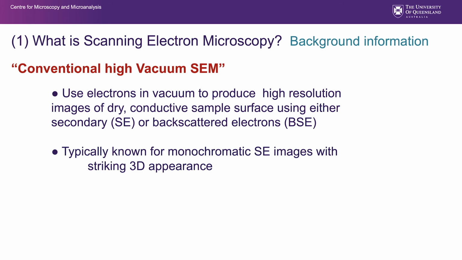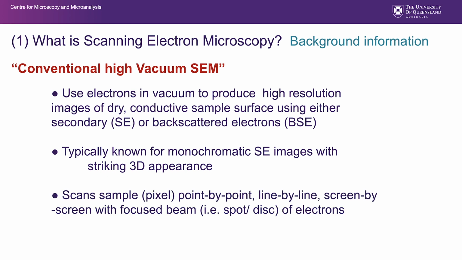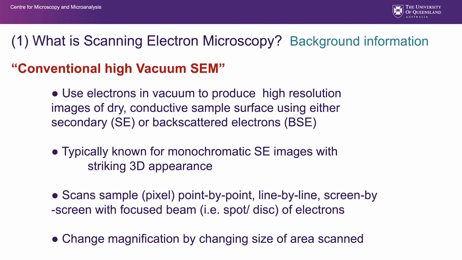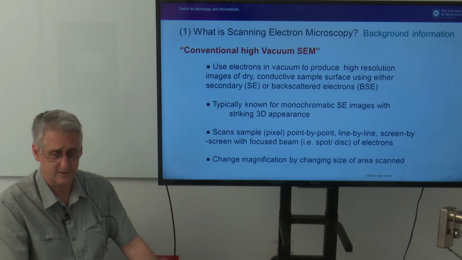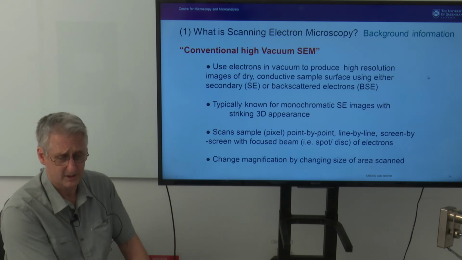We produce monochromatic grayscale secondary electron images, typically with a striking 3D appearance, and we scan that sample point by point, line by line, screen by screen, with a focused spot or disk of electrons. We already know how to change the magnification on the screen of the SEM by changing the area of the scanned region, and we also recognise that we have to change the diameter of that probe to match that new scan size and the pixels within that.